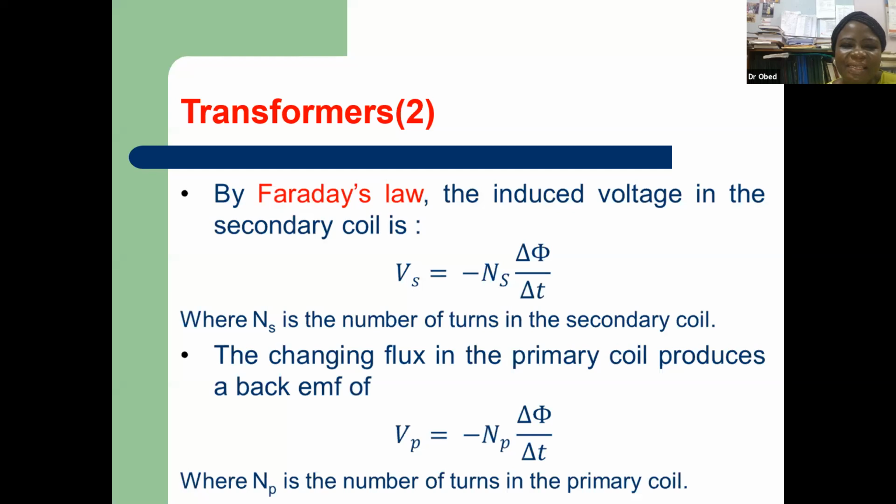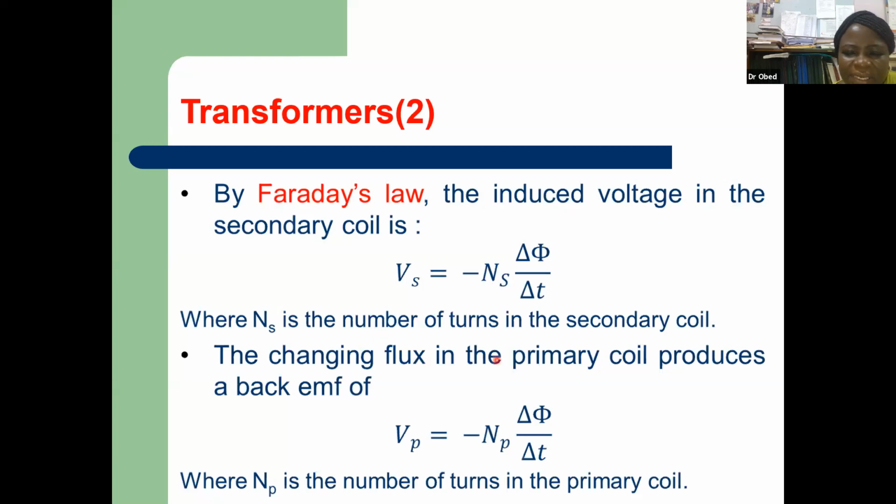So by Faraday's law, the induced voltage in the secondary coil is Vs equals Ns delta phi over delta T, where Ns is the number of turns in the secondary coil.